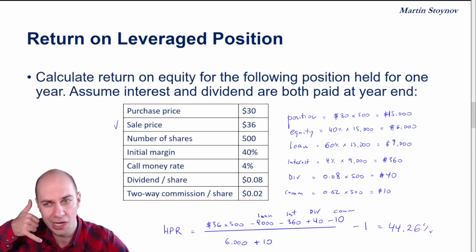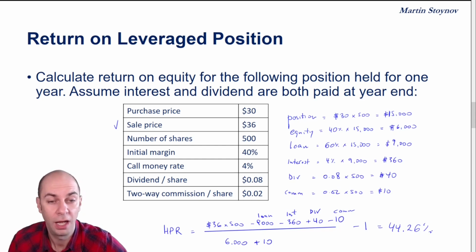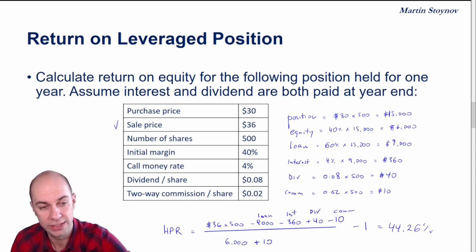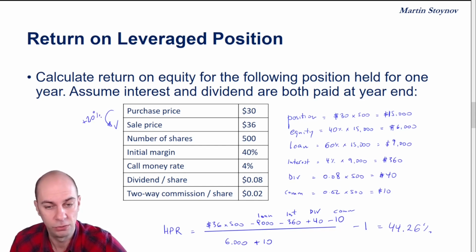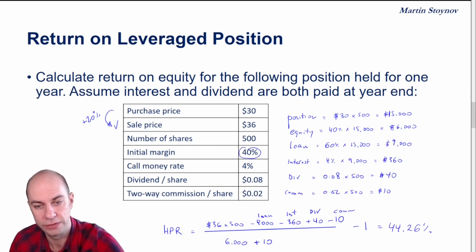Now, Alpha Bravo Charlie, it's a multiple choice exam, as you know. So you're going to be given 3 options. If the options are very well spaced out, you can probably take the quick and dirty approach. I love the quick and dirty approach. So the quick and dirty approach is to say, well, the stock has gone up by 20%. You can see that very, very quickly here. You can also say that your initial margin is 40%, so that your leverage multiplier here is 1/40, which is, as you know, 2.5x.